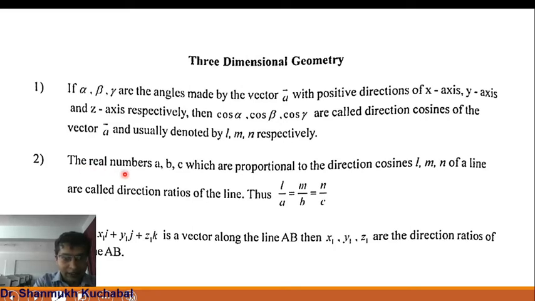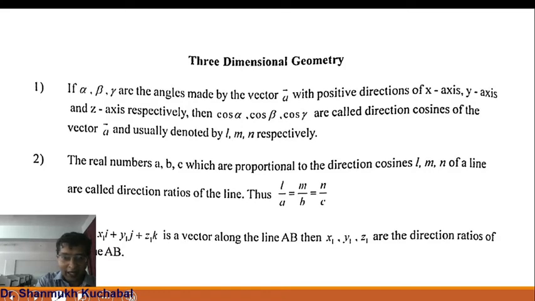Second point: the real numbers A, B, C which are proportional to the direction cosines L, M, N of a line are called direction ratios of a line, and it is given by the expression L by A equals M by B equals N by C. If R represents the vector x1 i plus y1 j plus z1 k along the line AB, then x1, y1, z1 represent the direction ratios of the line AB.